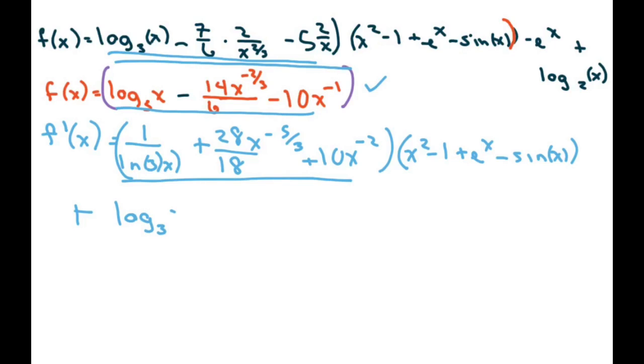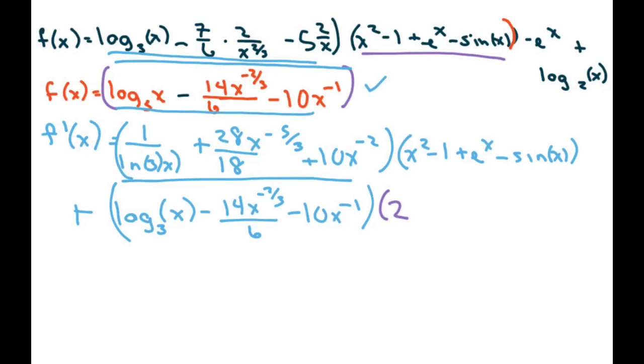Log base 3 of x minus 14x to the negative 2/3 over 6 minus 10x to the negative 1. Now we take the derivative of the second piece here, and that's just going to be 2x. That piece goes away, so this is plus e to the x, and derivative of sine is just cosine.